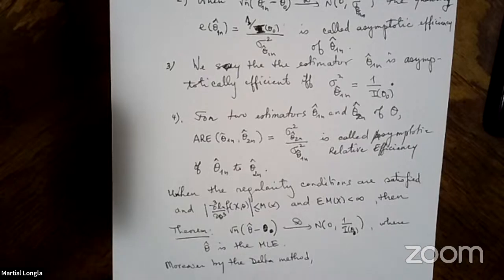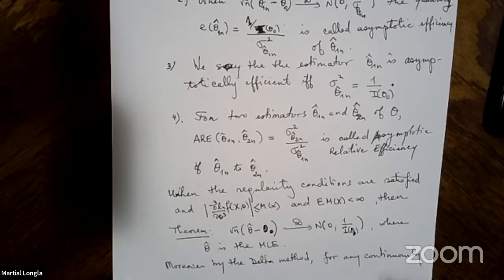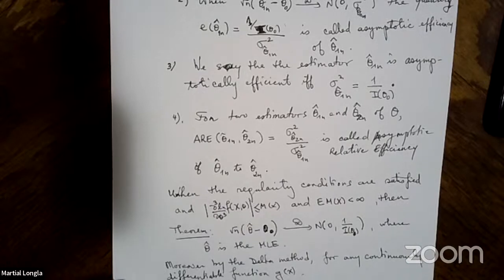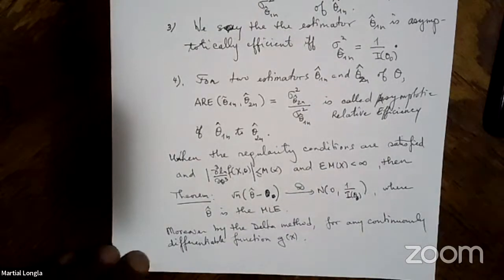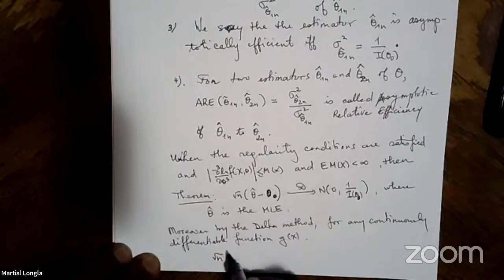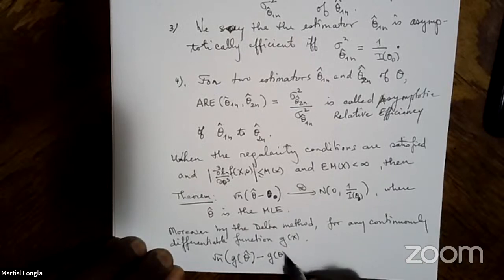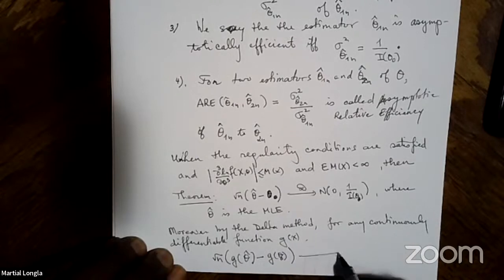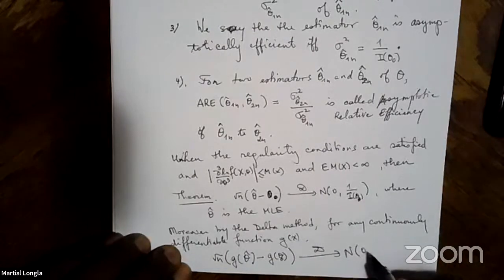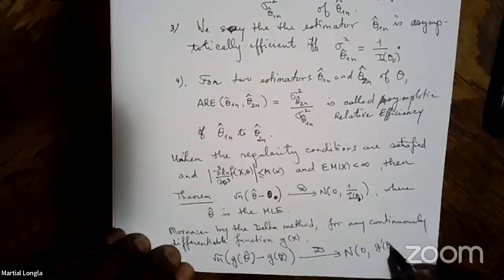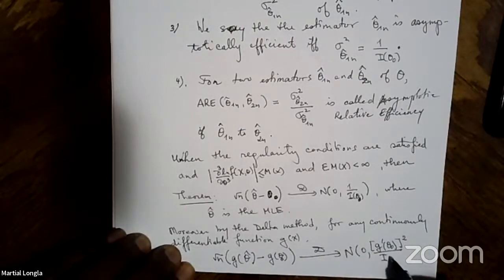Recall that for any continuous differentiable function g of x, square root of n times g of theta hat minus g of theta 0 converges in distribution to normal with mean 0 and variance g prime of theta 0 squared over I of theta 0.